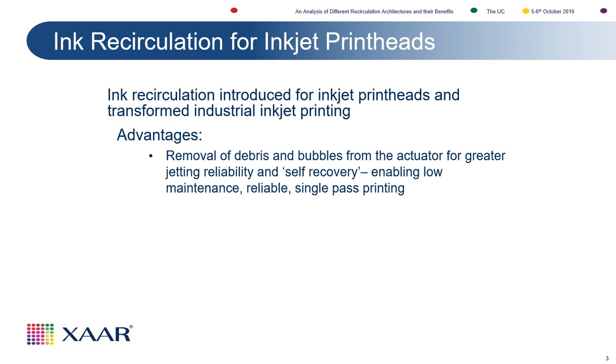And it really enabled single pass printing, the ability to give you low maintenance, single pass printing in an industrial environment. Simply, you had your printhead, what you wanted to print on passed under the printhead, and it was just a single pass application. That's what it really enabled.